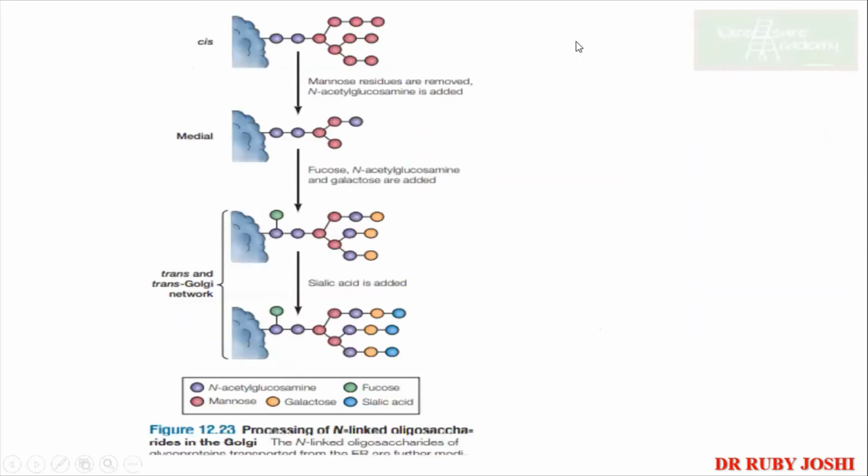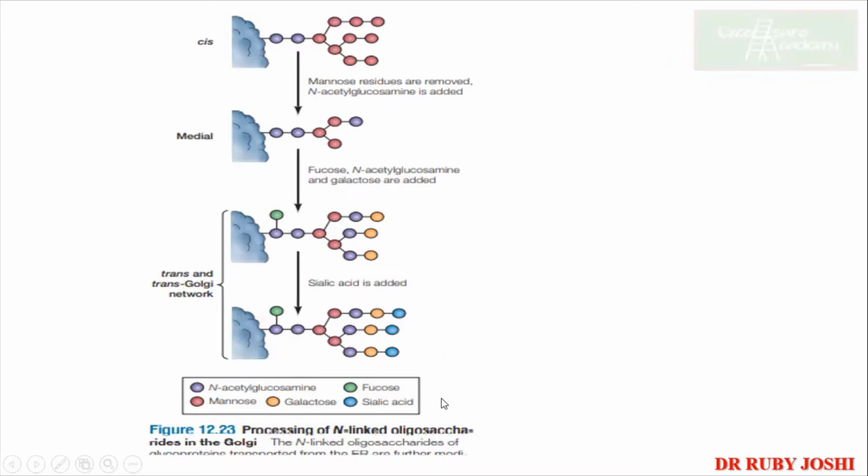Here you can see that mannose residues are removed and N-acetyl glucosamine is added. This is that 14 sugar oligosaccharide which was added in the ER. The 3 glucose were removed in the ER itself, right? Now that protein is transported to the cis region of the Golgi, where again the mannose are removed and N-acetyl glucosamine is added. Or you can add fucose, and N-acetyl glucosamine and galactose are again added. Or you can have sialic acid added.